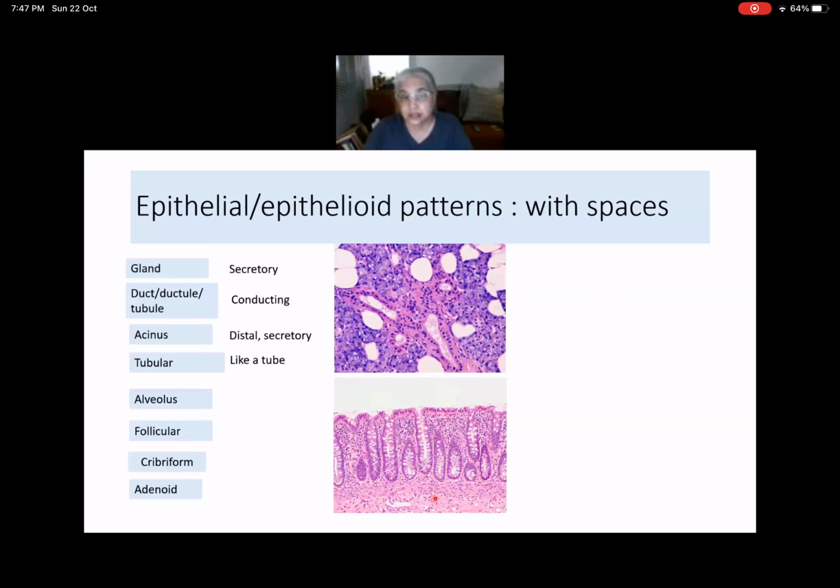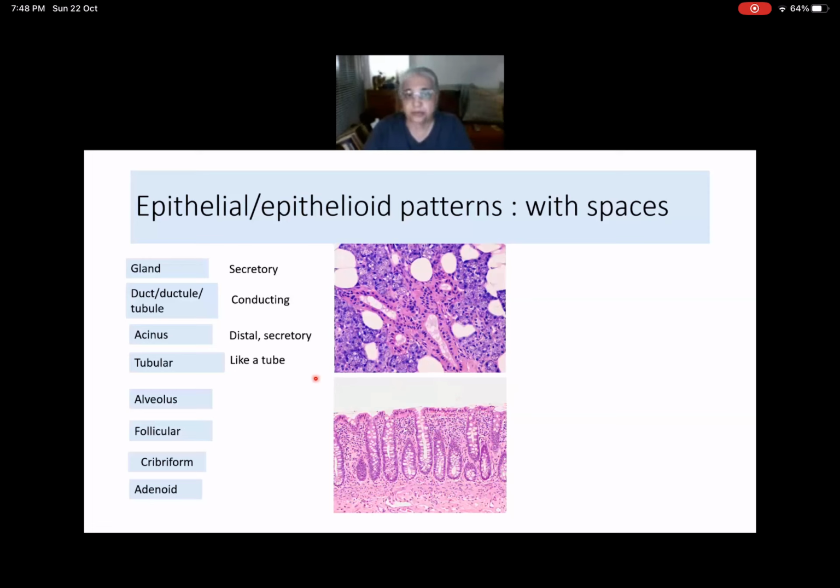Intestine. Okay, and the large intestine has got long tubular glands. They are secretory. What are they secreting? They are secreting mucus. Can you see that? Yeah, the goblet cells, they are secreting mucus, and these are known as long tubular glands.